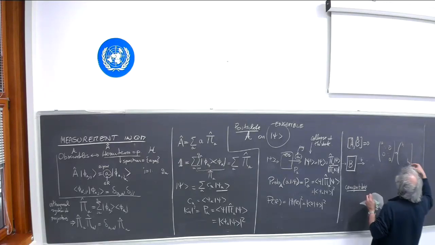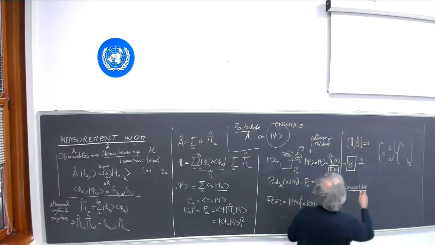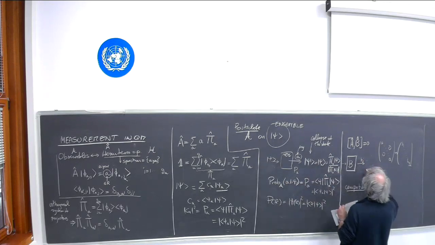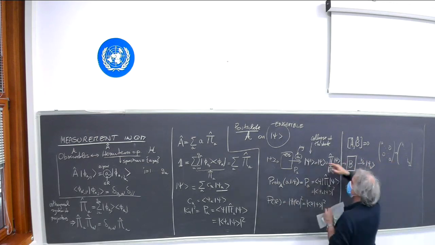One of the eigenvalues of B in that subspace will be the value that I get in the measurement. And finally, I will get the state that comes out, psi of B. Good. The probability is obviously calculated with the same formulas.